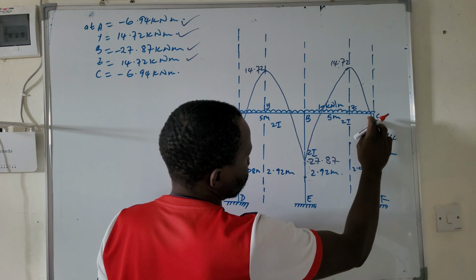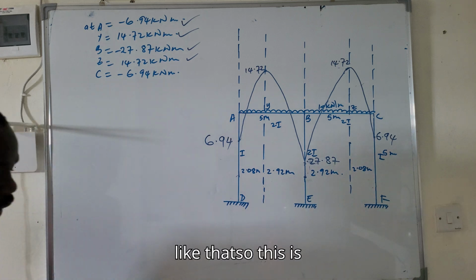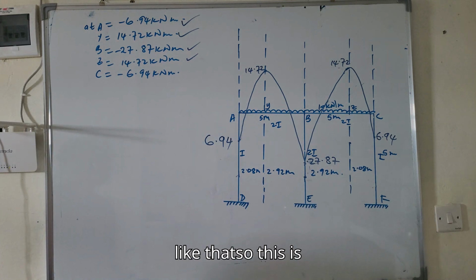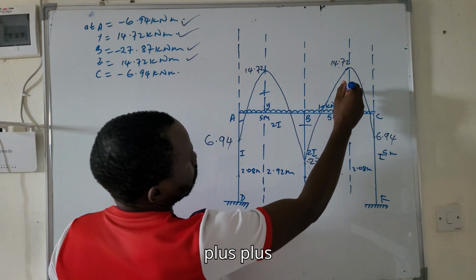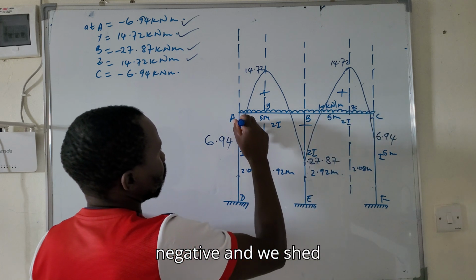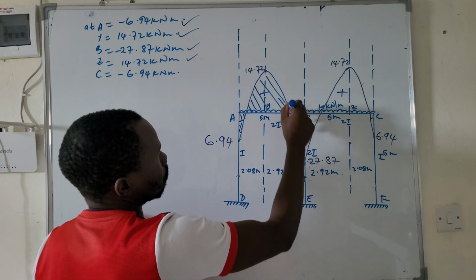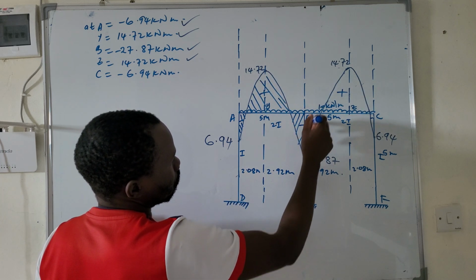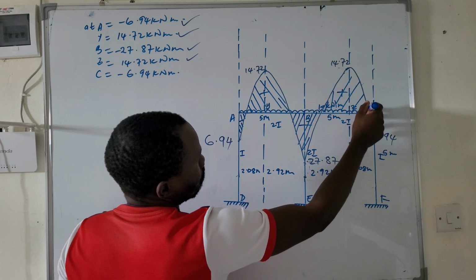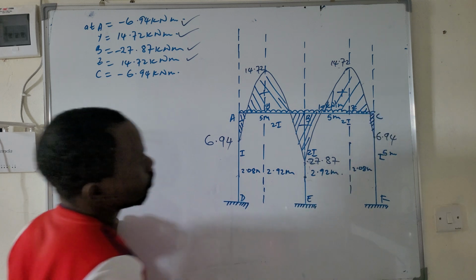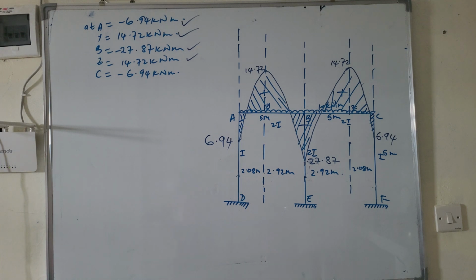So that is it, like that. So this is negative, negative, plus, plus, negative. And we shade our respective areas for visibility. Our question ends there.